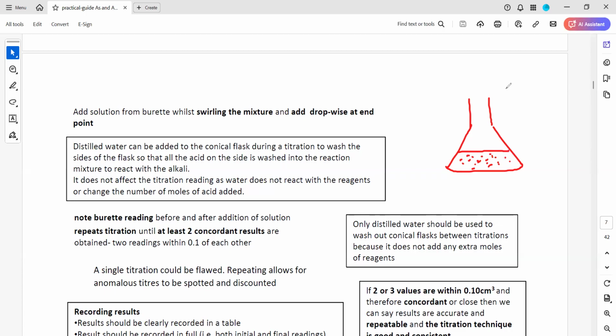So when a conical flask is rinsed with water, even if some water is added, it won't make any difference to the number of moles. That's why when we rinse the conical flask with distilled water, we don't have to rinse with any other substance. But for acid and alkali, like a burette and a pipette, if we rinse with water, then we have to rinse it with either the acid or the alkali again.